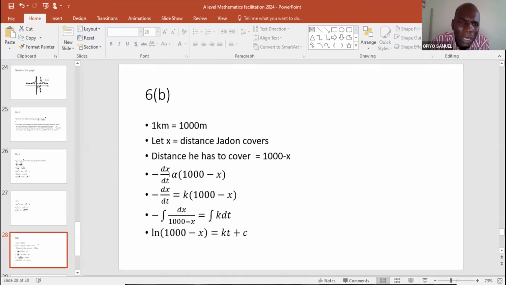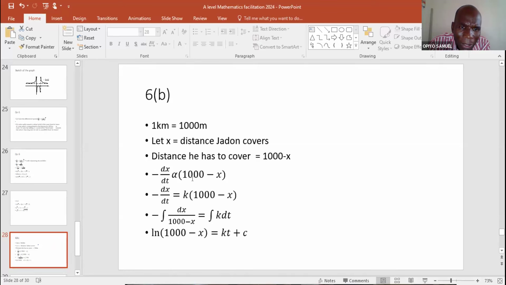So when you're talking about differential equations, you should see whether the quantity is going to increase or decrease. For example, growth is increase, death is decrease. So when you're expressing the differential equation, it must have the negative where there is a decrease in quantity. This is also first order separable.